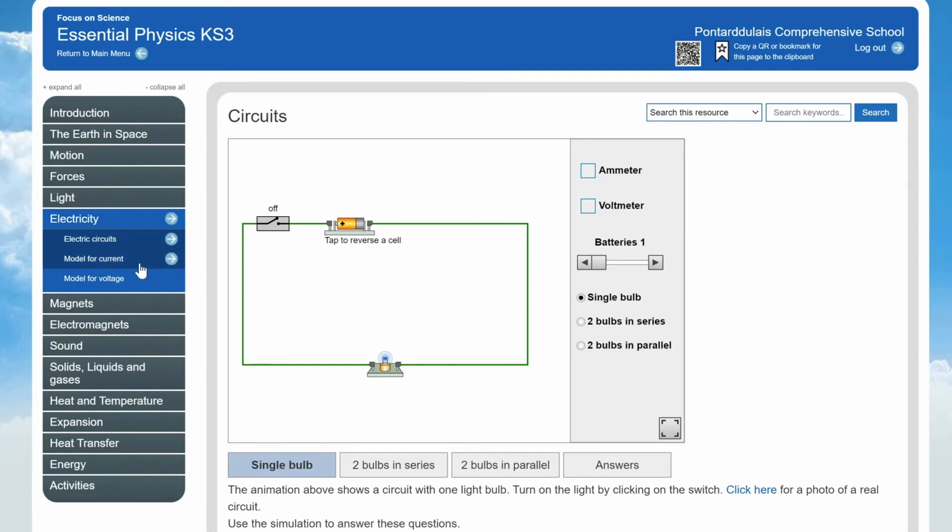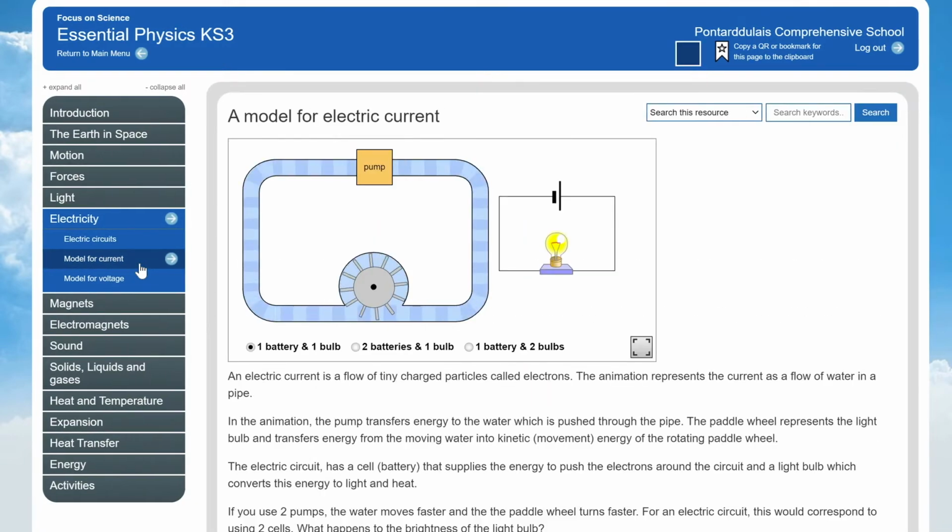Underneath, I particularly like the way in which they model the current, where you can think of electricity similar to a flow of water going around a water system. The pump for the water providing the energy, or the push on the water, similar to a battery providing a push on the electrons in the circuit.